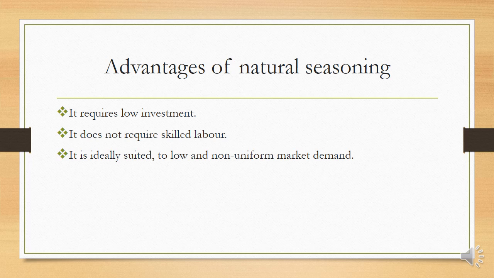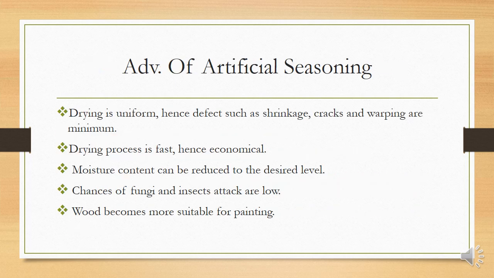So let's continue to check the advantages of natural seasoning. It requires low investment, it does not require skilled labor, and it is ideally suited to low and non-uniform market demand. This is the advantages of artificial seasoning.